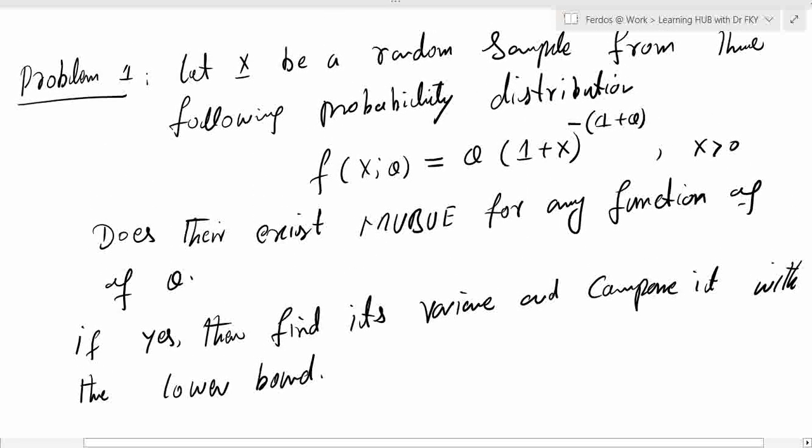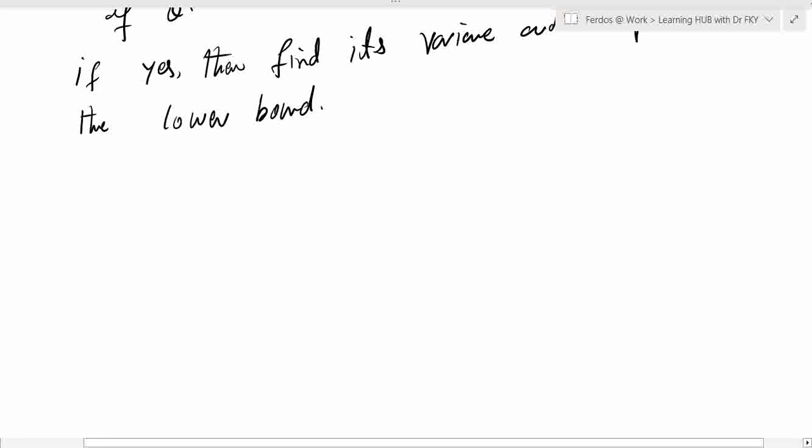So this is the statement. And the second question is, if yes, then find its variance and compare it with the lower bound. So let's start.